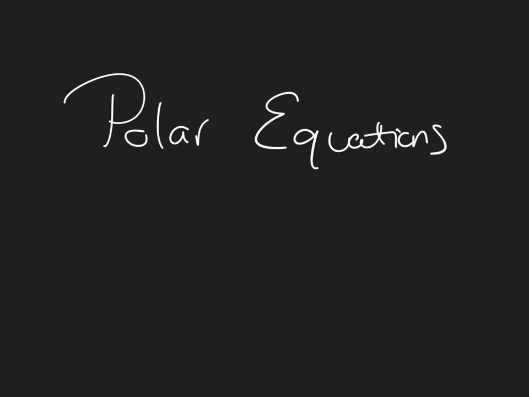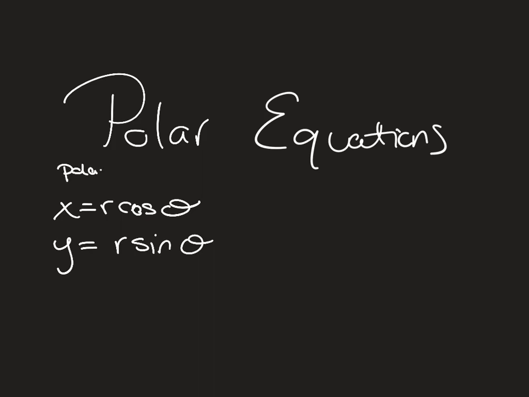Okay, so today we're going to convert polar equations. To do that, we're going to use the same formulas that we used when we did polar coordinates. So we know that x equals r cosine theta, y equals r sine theta. This is if you're going polar to rectangular.